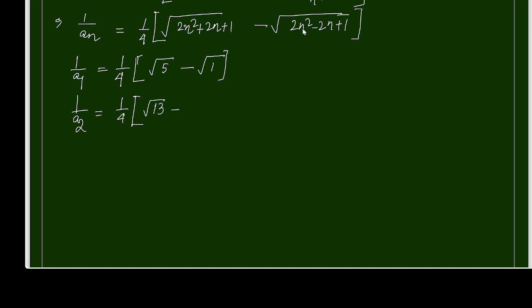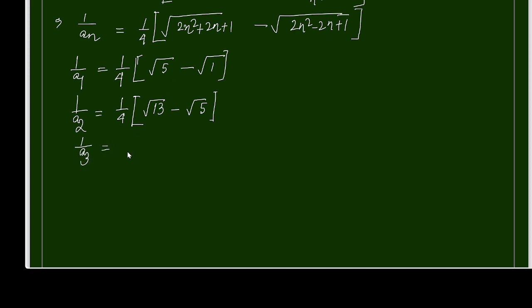And if I put 2 here, 8 minus 4, 4 plus 1, 5, square root 5. So we are getting a similar term, 1 square root of 5 positive and 1 square root of 5 negative. Then it can be cancelled. Let me write another term to understand better.